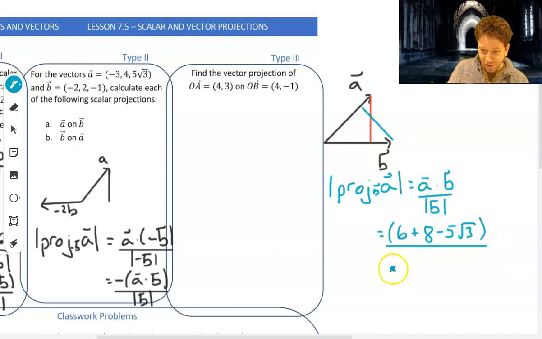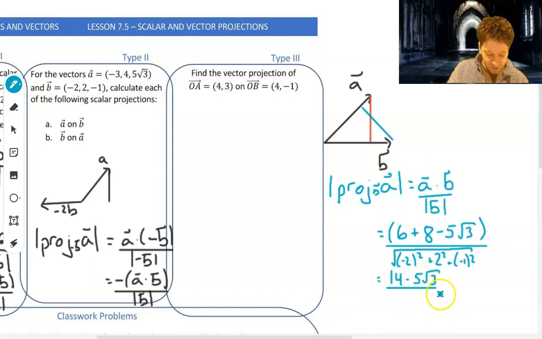And the magnitude of B, well, that's the square root of minus 2 squared plus 2 squared plus minus 1 squared. So when we do that, on the numerator we get 14 minus 5 root 3.